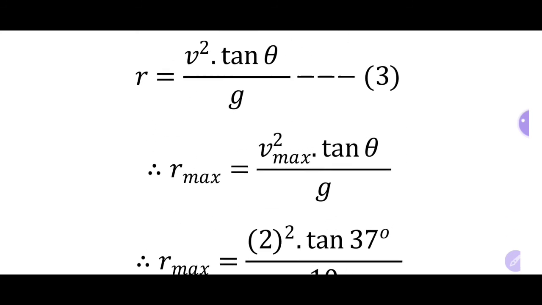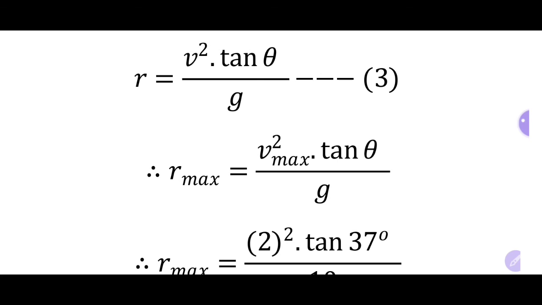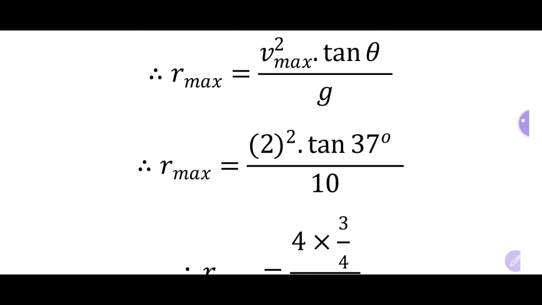Now for the maximum value of radius, we have to take the maximum value of velocity, and the maximum velocity given in our problem is 2 meter per second. So R max will be equal to v max square into tan theta upon g, which is 2 square into tan 37 degree divided by 10.